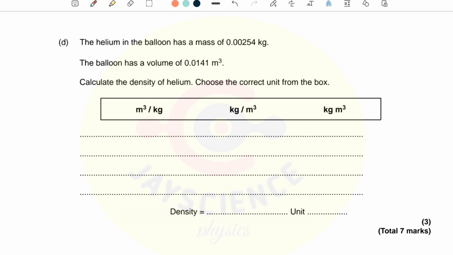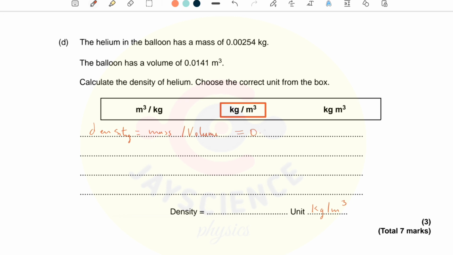When it comes to density, the unit is always kilograms per meter squared, I mean cubed. So kilograms per meter cubed. And right here, you have the equation density equals mass over volume.